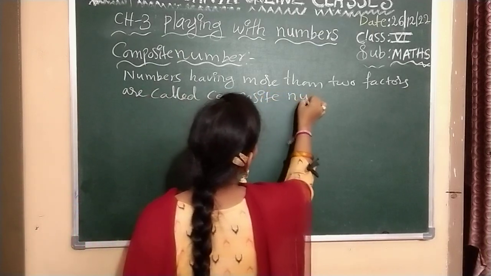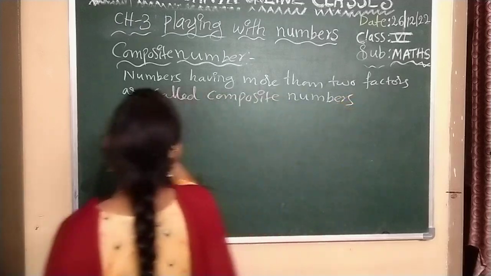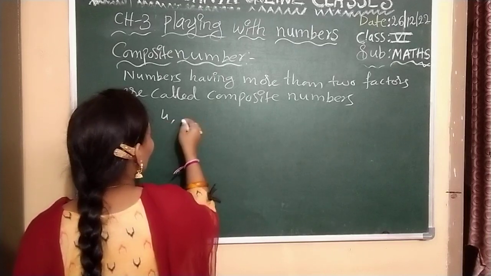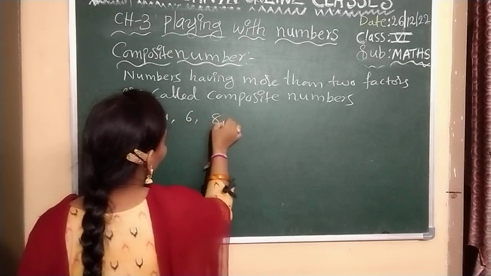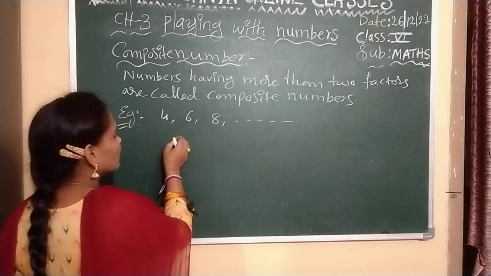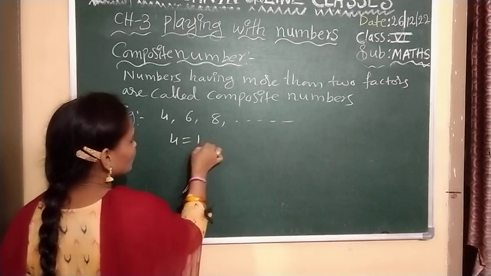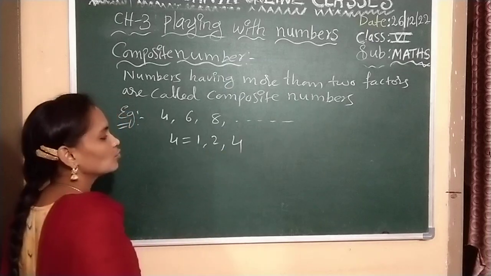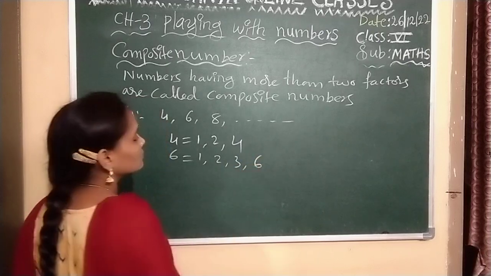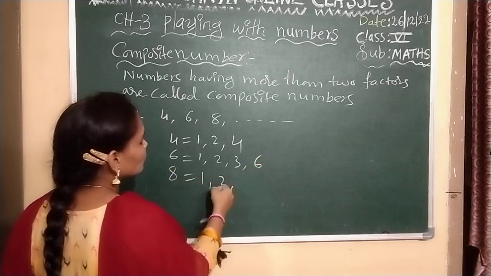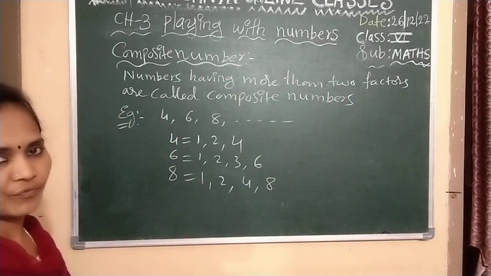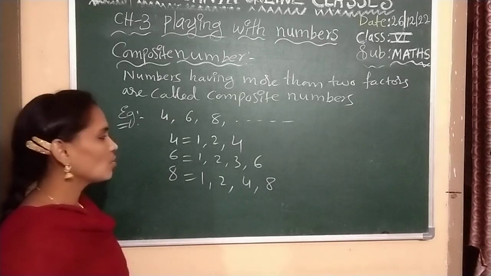Example: 4, 6, 8, and so on. These are a few examples of composite numbers. Why? Because 4 has factors 1, 2, 4, more than 2 factors. 6 has factors 1, 2, 3, 6. 8 has factors 1, 2, 4, 8. These are all numbers having more than 2 factors, so we can call them composite numbers.